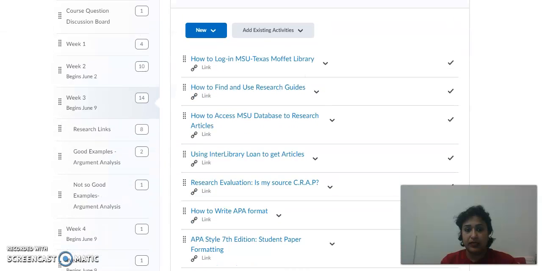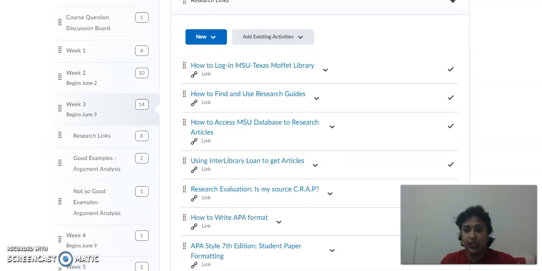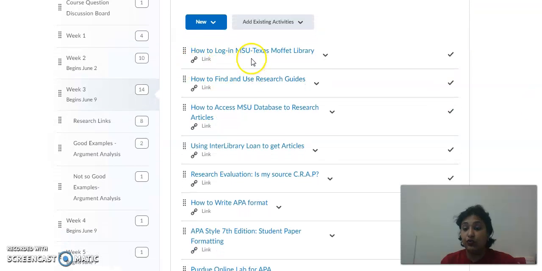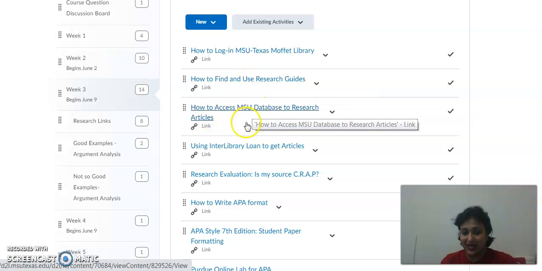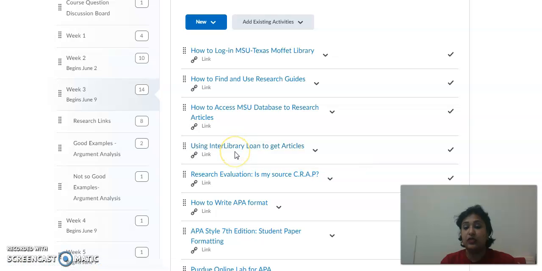If you look at this, the research links, how to log in remotely for the Moffat Library, how to use and find research guide, how to access the database. Interlibrary loan is a free service for all students and faculty from MSU to be able to get your articles. But you cannot put in a request on Saturday to have the article be delivered by Sunday.